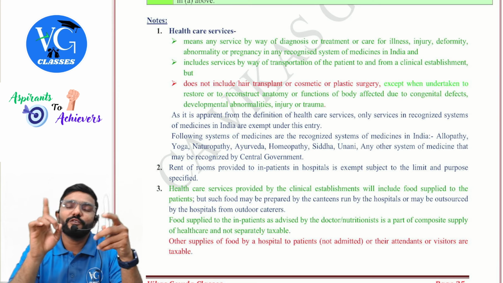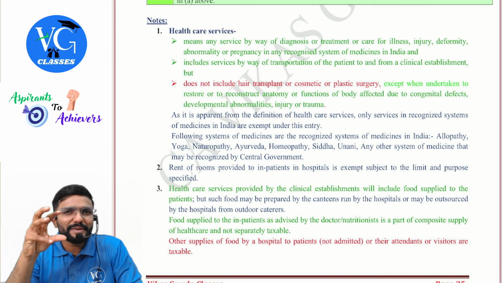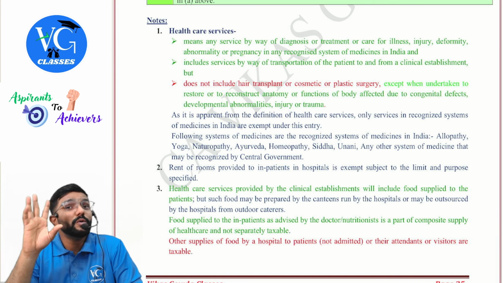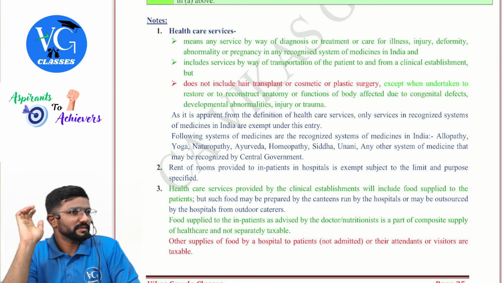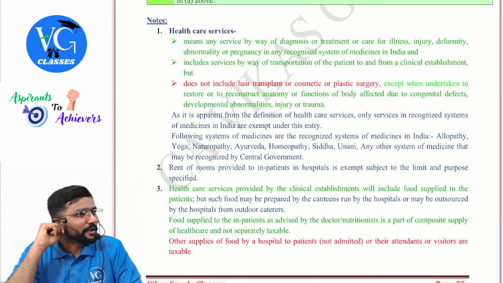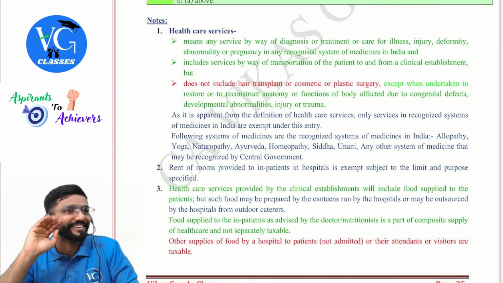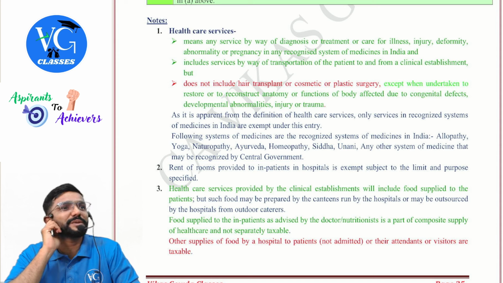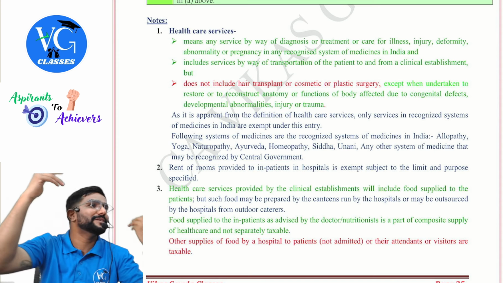Now, if food is charged as separate fees, is it part of healthcare? Yes. Sometimes it can be charged together: per day, for you, it is 10,000, along with food. It becomes a composite supply. Which is the principal supply? You went there for medical treatment, not to have food. So the principal supply is medical treatment, which is exempt. The entire composite supply will be exempt.